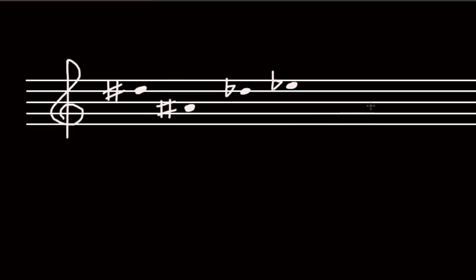If I have a G double sharp on a line, or if it's on a space, C double sharp, the accidentals are in the spaces. Same thing with the double flat. E double flat, or G double flat.